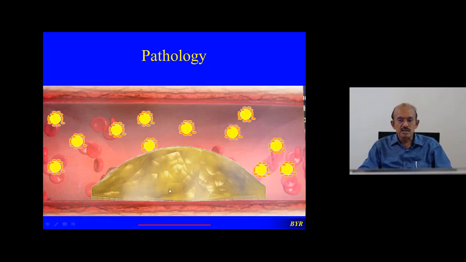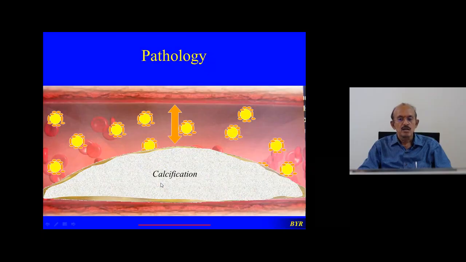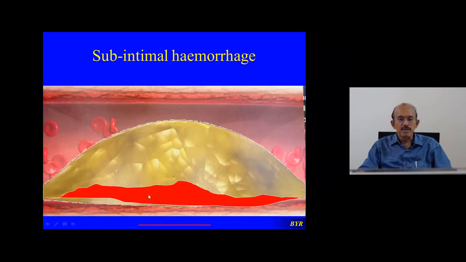And because of this plaque, the platelets will come and agglutinate and form a thrombus. Sometimes this plaque can separate, and when the plaque separates, blood flows under this plaque, and that is called subintimal hemorrhage.